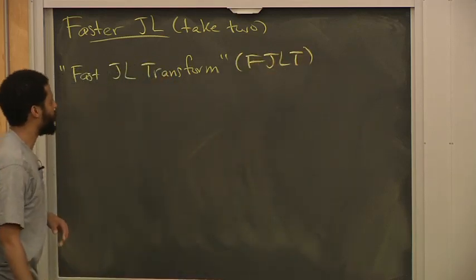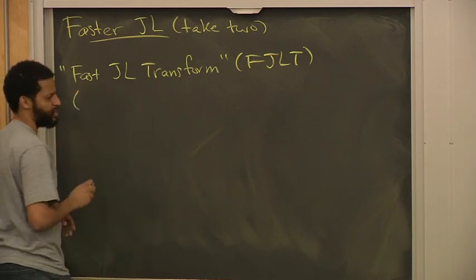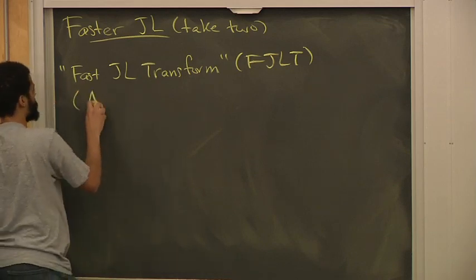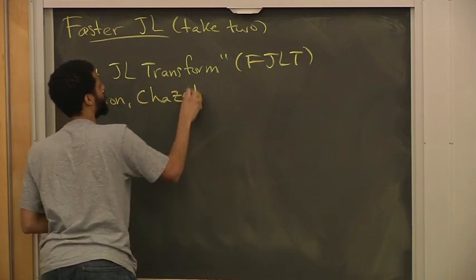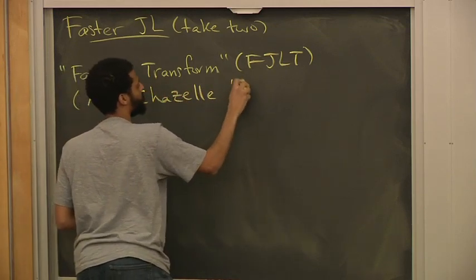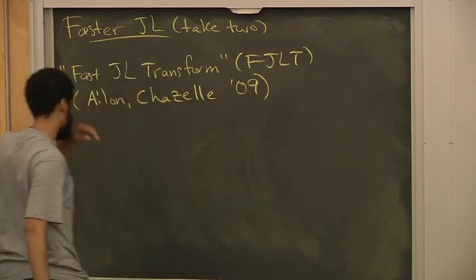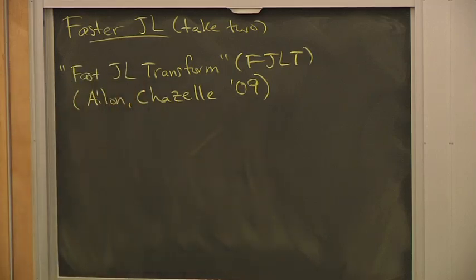The original conference paper was in '06, the journal paper was in '09, by Ailon and Chazelle. Just because it's slightly easier to analyze, I'm going to analyze a slight variant of what's in their paper, but the ideas are very similar.